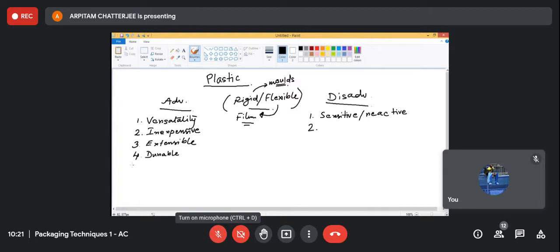Because the plastic bottles, which are generally made of PP or HDPE kind of materials, keep on reacting with the product inside, and they keep on adding some chemical components into the product that you are going to consume, and that can cause different health hazards. Hormonal problems can happen, digestive problems can happen.